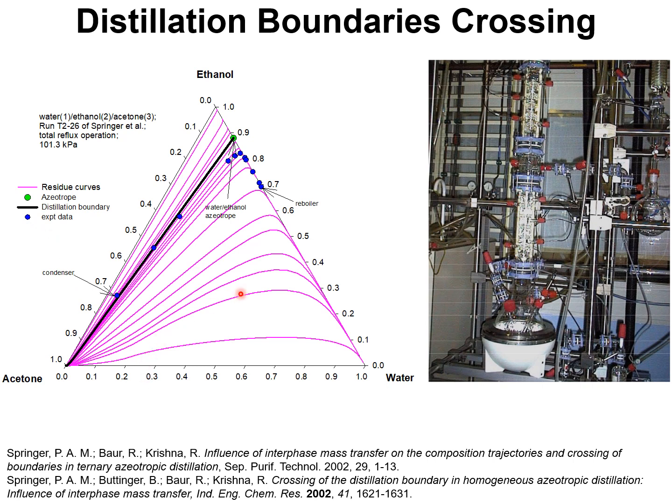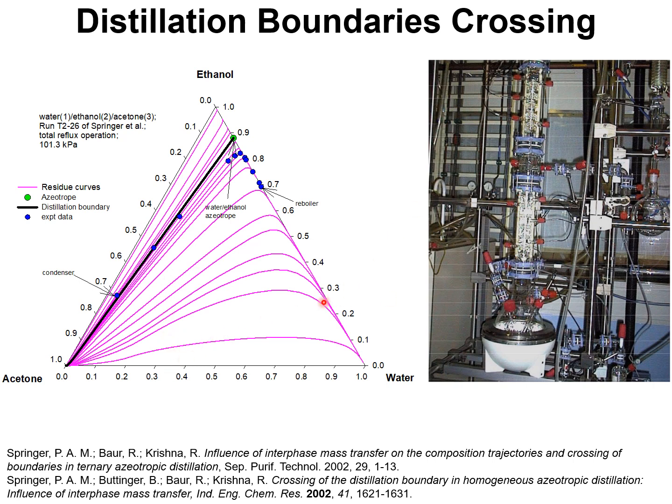In my previous presentation, I had analyzed the experiments of Martin Springer carried out in a distillation column under total reflux conditions for the ternary mixture of water, ethanol, and acetone.